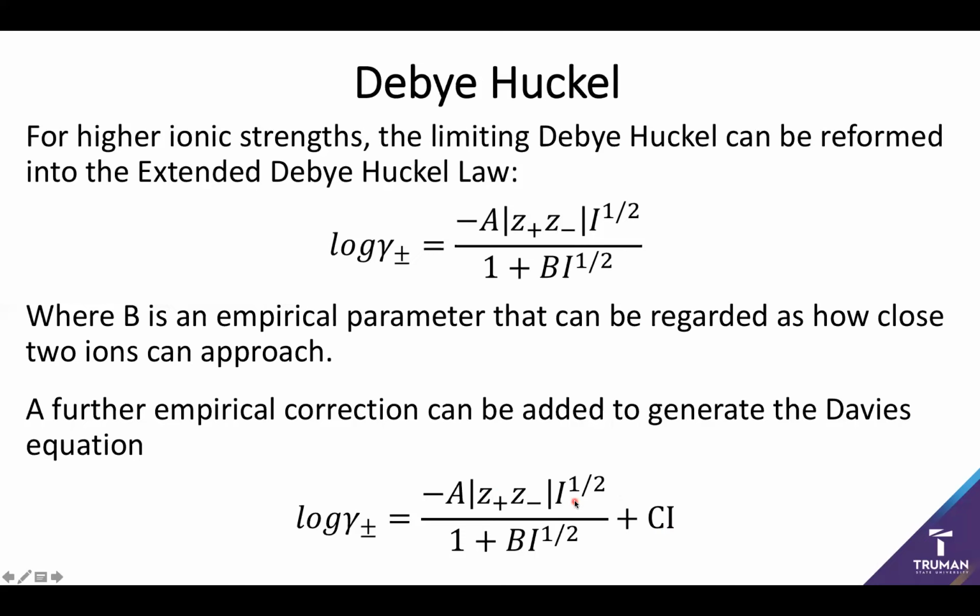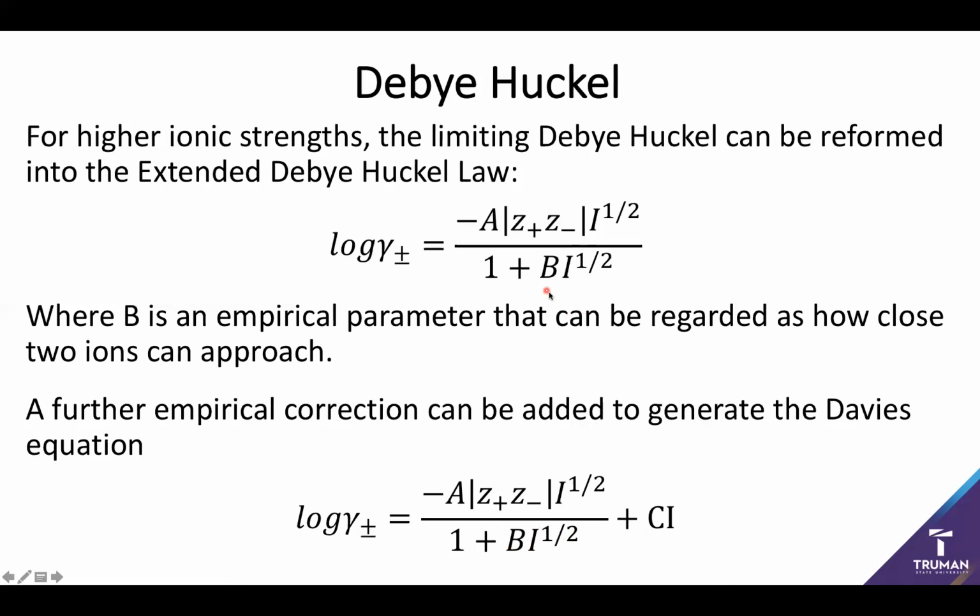But one of the things that I really want to emphasize about both the extended Debye and the Davies equation is this requires known empirical parameters. So unlike the simple Debye-Huckel law, which is fairly universal in its application, in this case, you need to know a lot about your solute, which you may not always have.